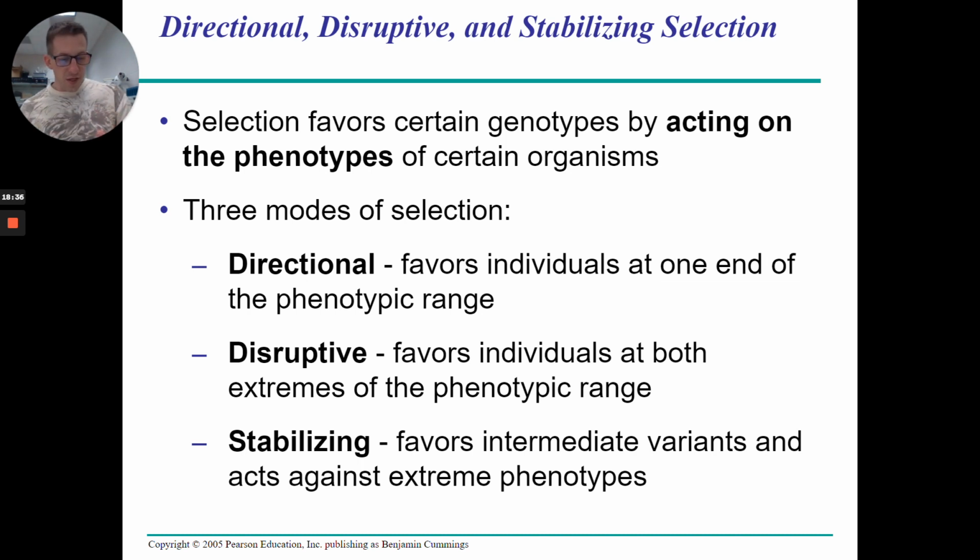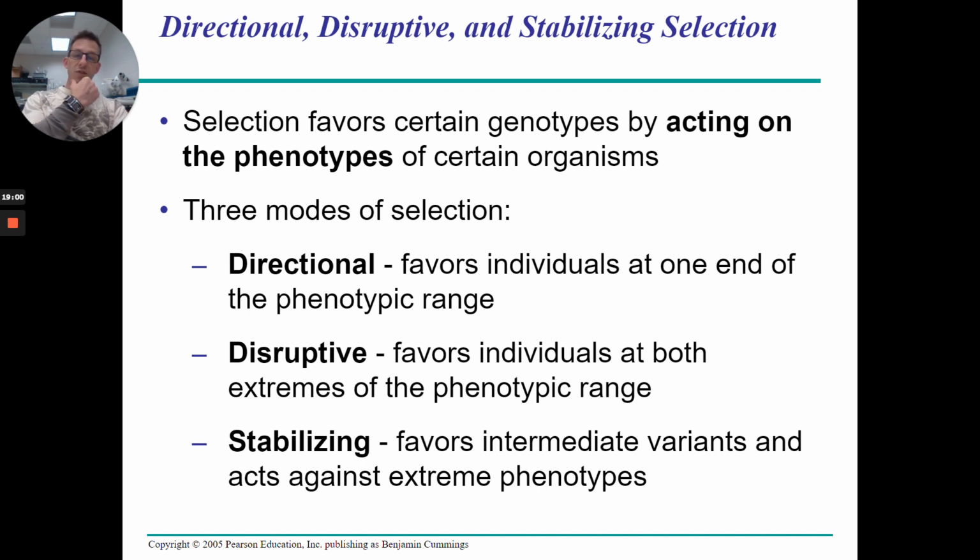I told you in your notes to put basically that natural selection works on our phenotypes, and in these different modes of selection, we can see that. Now they've named them and given them definitions, but you're going to have to be able to identify them because there is a very high probability of them being represented on the AP test.